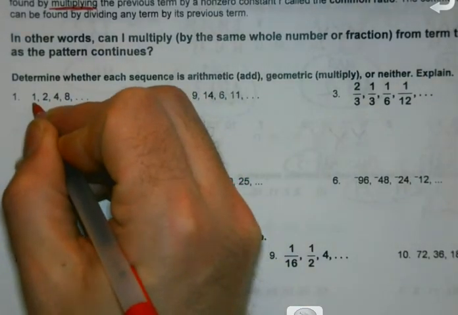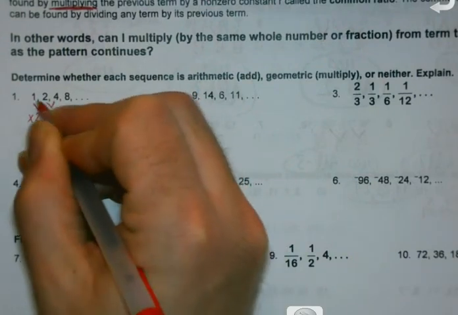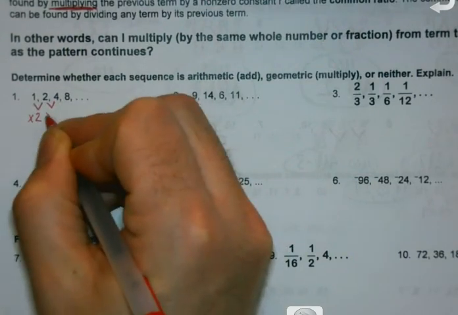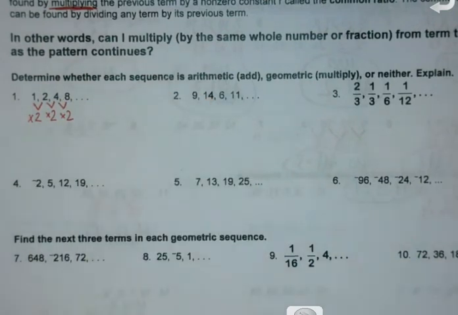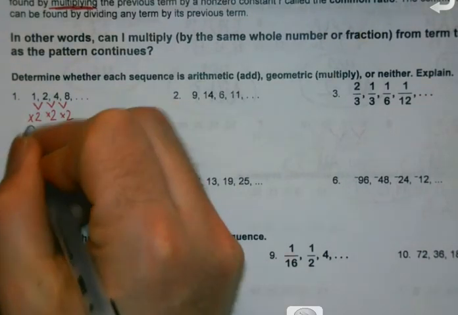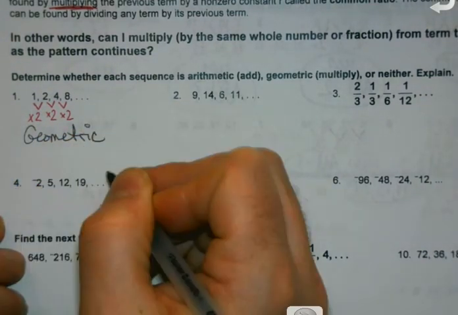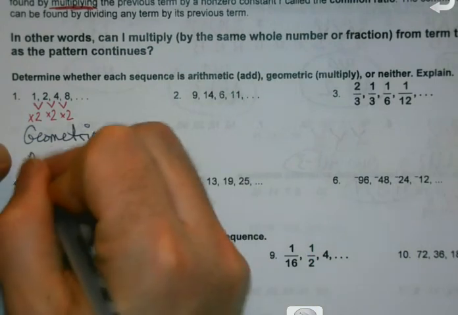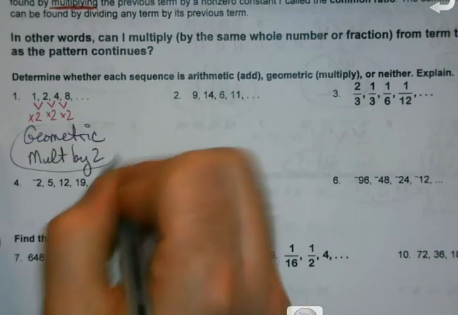But if I look at the next one, if I times by 2, 1 times 2 is 2, 2 times 2 is 4, 4 times 2 is 8, so I'm multiplying by the same. If you're multiplying, it's geometric. And the pattern is multiply by 2.